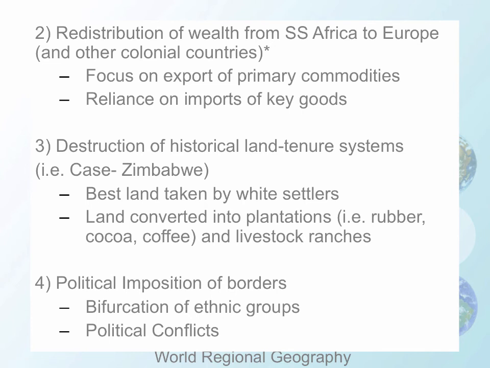And so because this network of extraction was so efficiently constructed, it resulted in a very rapid redistribution of wealth, basically being sucked out of Sub-Saharan Africa and taken to the colonizers' home countries.